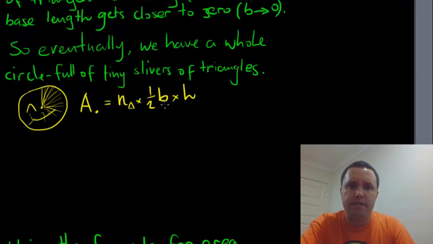Now, let's think about this base number here, okay? This base is all the little bases of triangles around here, okay? So if I added up all of this infinite amount of bases that go around here, what would I end up with? What would we end up with if we added up all the little pieces of the outside of a circle? We end up with the circumference.